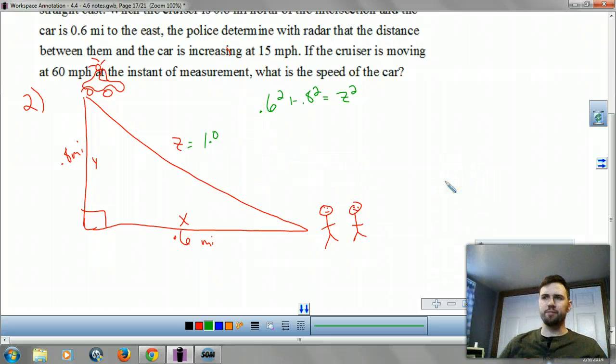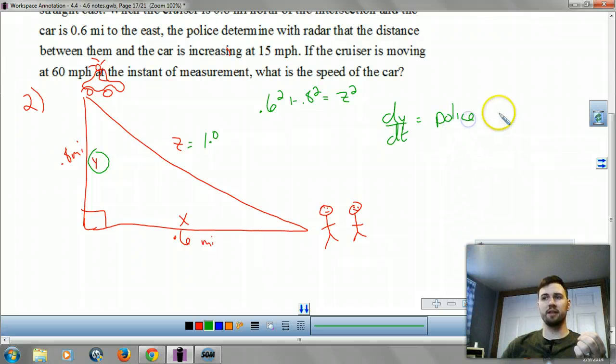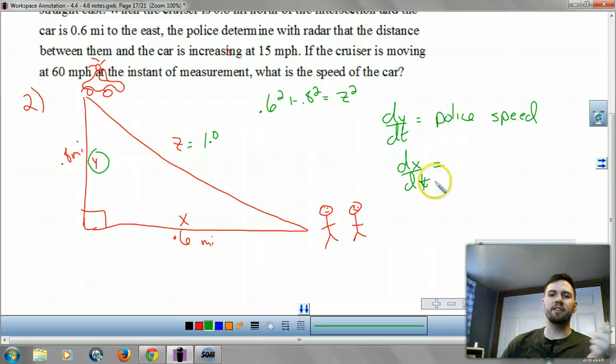Now, I'm going to get a little bit tricky. So, our derivative of y in terms of t, that means our change in y with respect to time, is going to be the police speed at a given moment, instantaneous velocity. Our dx over dt, if we took the derivative in terms of t, that's our change in x given a time, like miles per hour, change in distance over time.